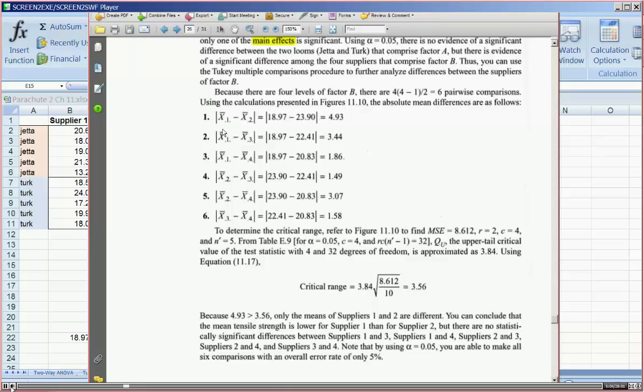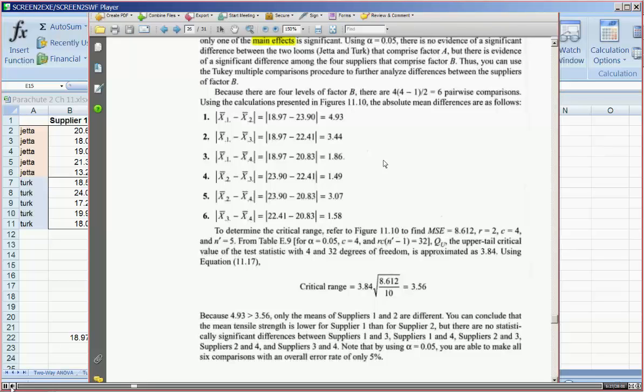Now, this strange notation is not explained by the authors. Point 1, point 1 has to do with two-way ANOVA. I think they're just trying to distinguish the multiple comparison in this part of the text from the previous one. What we're going to do is use what they supplied us with.